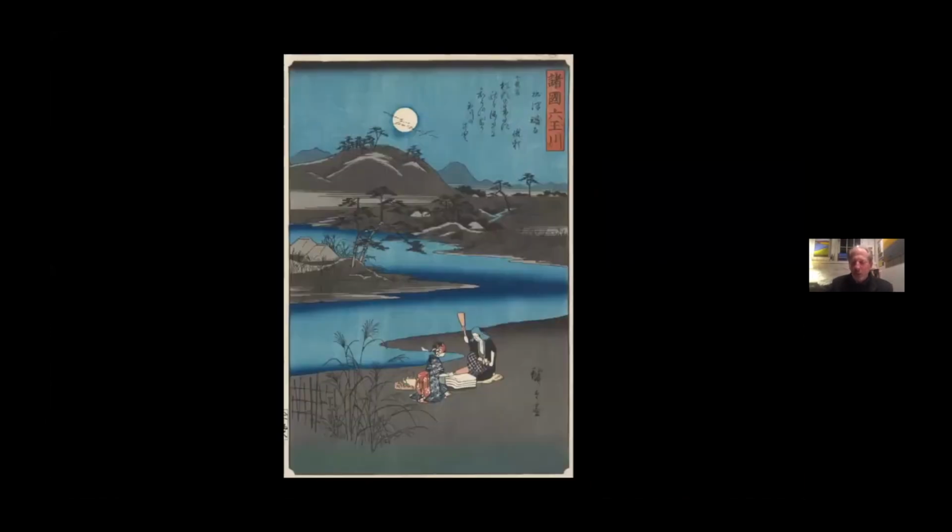I have a few ukiyo-e prints here just to give you an idea of, you had to carve a whole block for each color. And all the lines had to be cut in reverse. In other words, you had to cut everything but the line. That's the way woodblock printing works. Mostly these blocks were cut by specialized craftsmen and just designed by the artist.